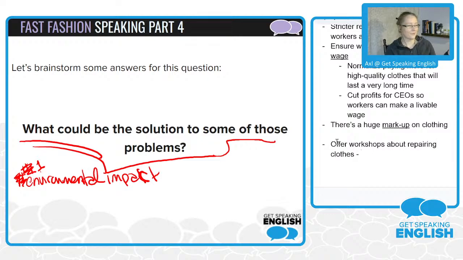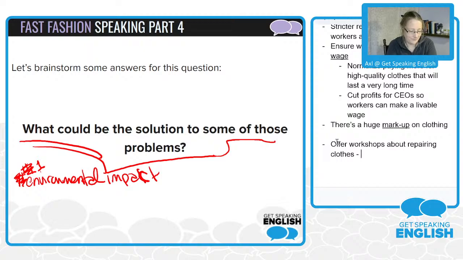So instead of throwing something away when it has a rip or something like that, they could know how to fix it. Because I feel like a lot of people don't know how to fix things these days. I mean, I don't know if you've noticed that.